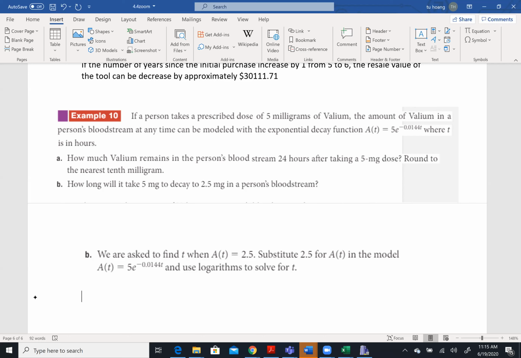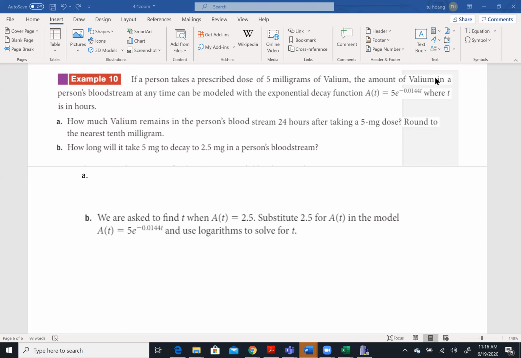So let's do problem A, right? They say how much remains in the person's bloodstream 24 hours after. So in this case, you need to find the amount after 24 hours.